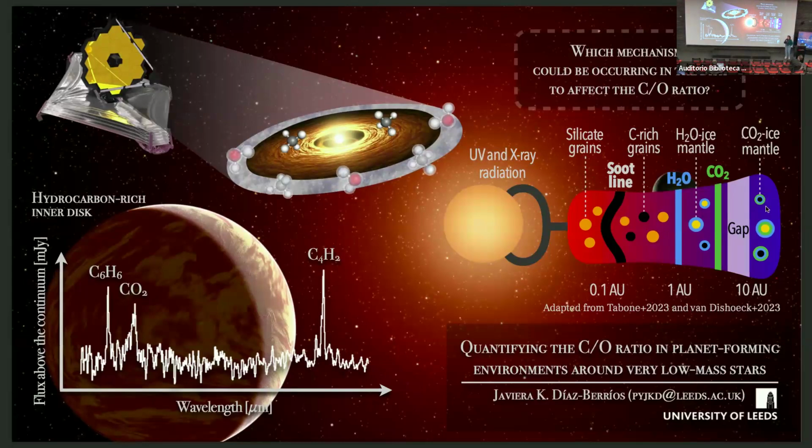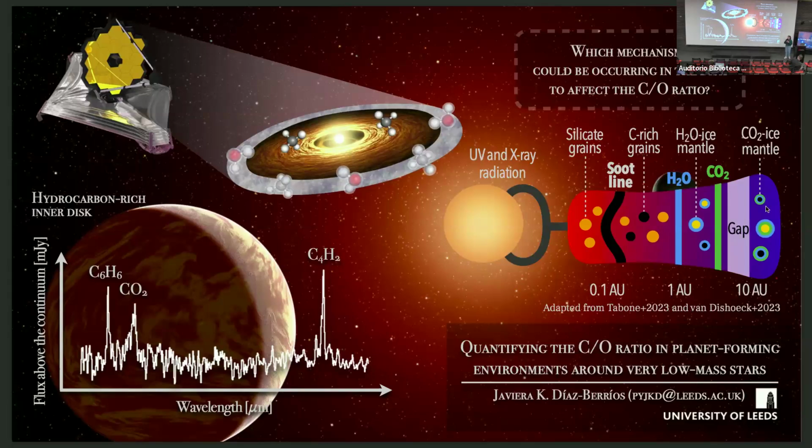In my poster, I talk about recent JWST observations of disks around very low mass stars that reveal a hydrocarbon-rich inner disk. So in our research, we use chemical models to quantify the C/O ratio variations that could explain or could be mimicking different scenarios that could enhance the hydrocarbon abundance in these sources.